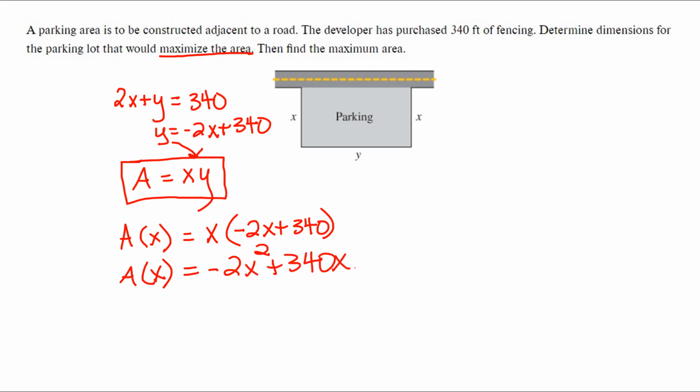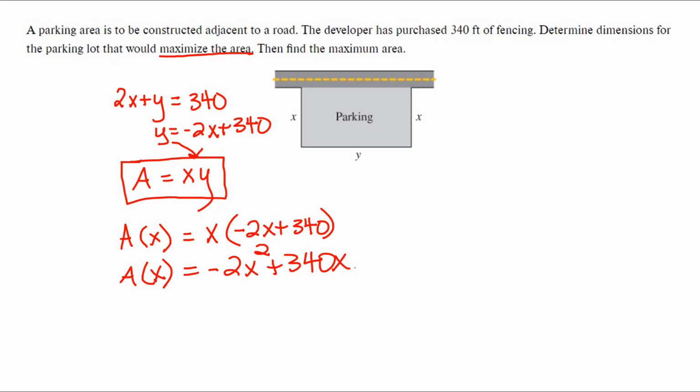Now that looks like a quadratic. It looks like a parabola. It's a function that I can maximize, and that's what I'm here to do: maximize the area of this parking lot. What value of x, how long does that side need to be in order to maximize the area of the parking lot?